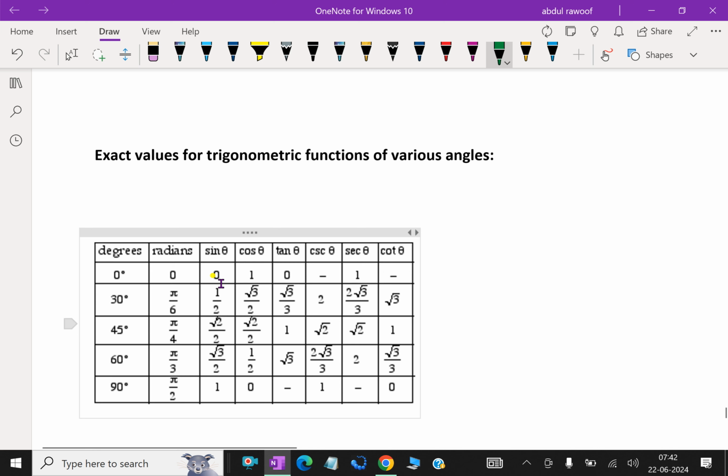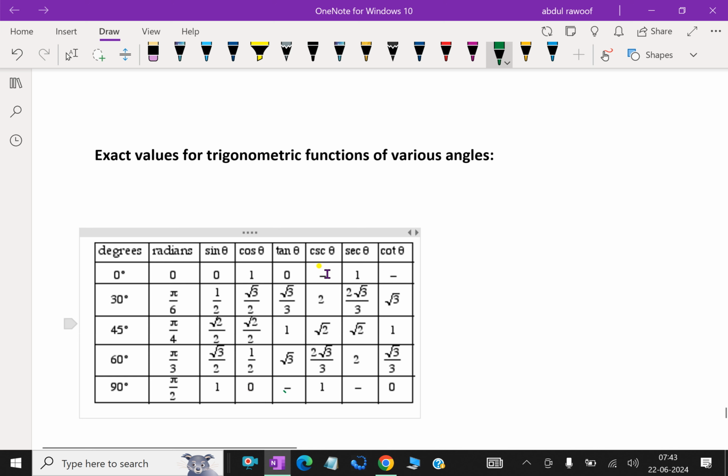And for tan, divide the two, sine by cos. 0 by 1 is 0, 1 by 2 divided by root 3 by 2 is root 3 by 3. Like this divided by this becomes 1, this divided by this is root 3, and 1 divided by 0 is infinity. There is no value; we can say not defined.